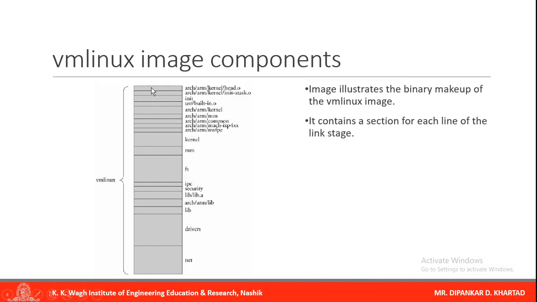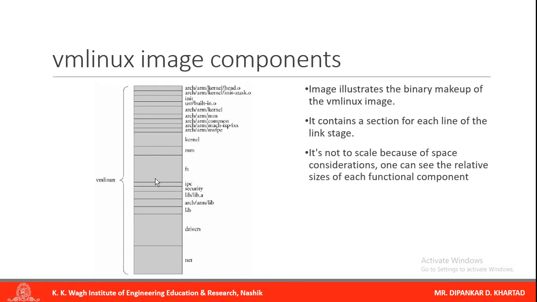Every link stage has a separate section: this section is for kernel, this is for init, this is for file system, inter-process communication. So every section is different for each link stage. It's not to scale because of space considerations, but one can see the relative sizes of each functional component.